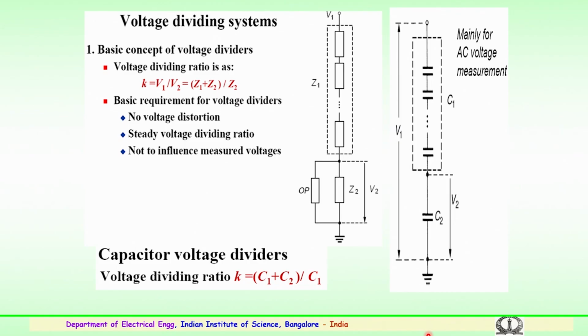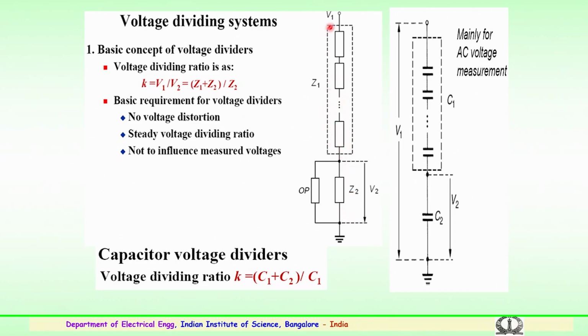So, the basic concept of voltage dividers is simple in nature, where, say, voltage V1 is applied here. The resistance or the impedance which is shown here will be of two components.